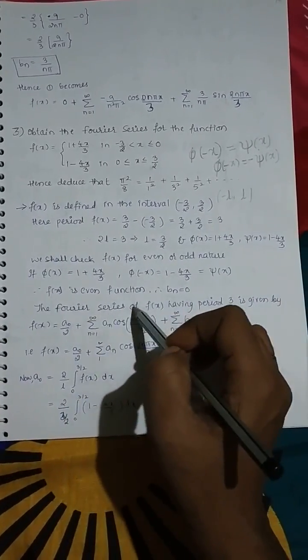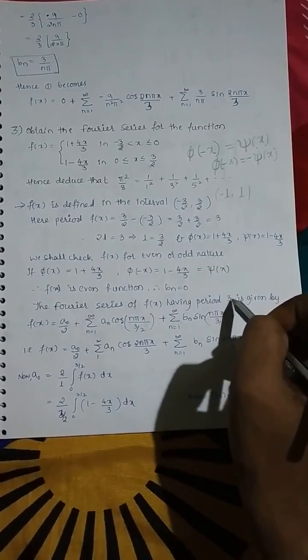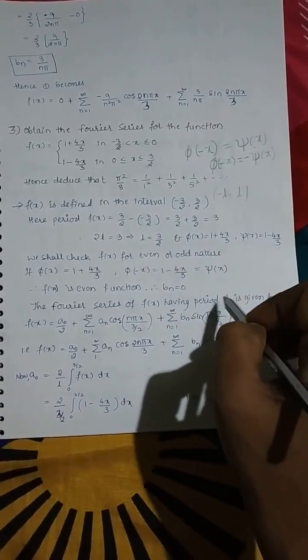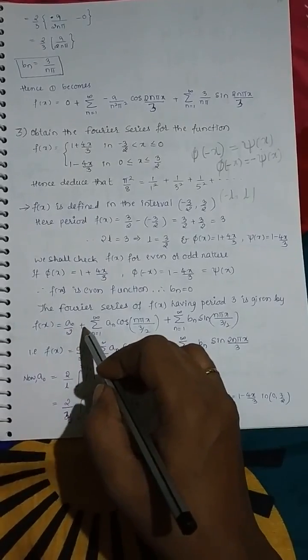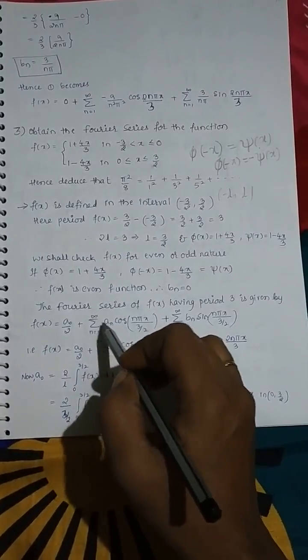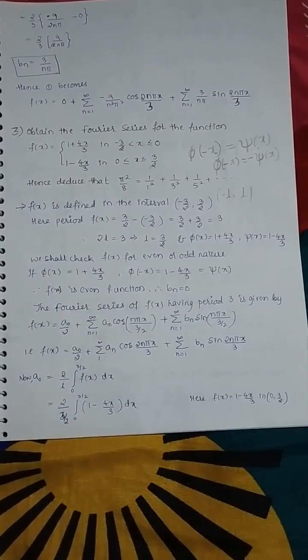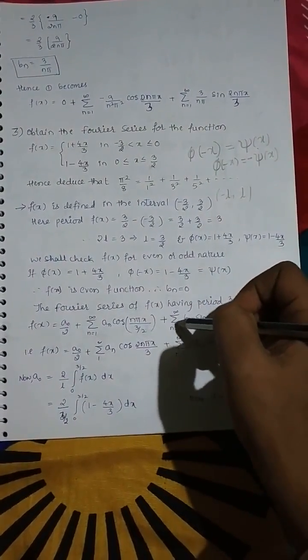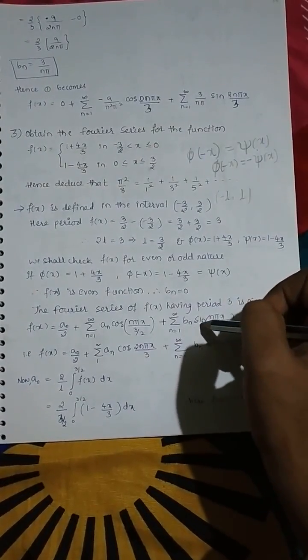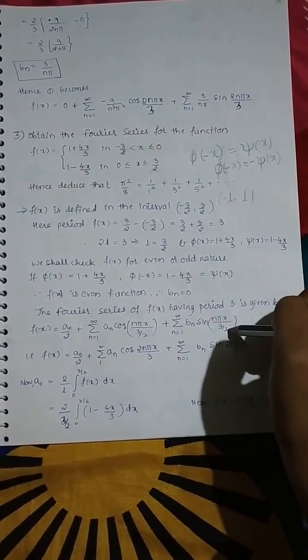The Fourier series of f of x having period 3, that means the period is 2L, is given by f of x equals a naught by 2 plus summation n equals 1 to infinity an cos n pi x upon 3 by 2 plus summation n equals 1 to infinity bn sin n pi x by 3 by 2.